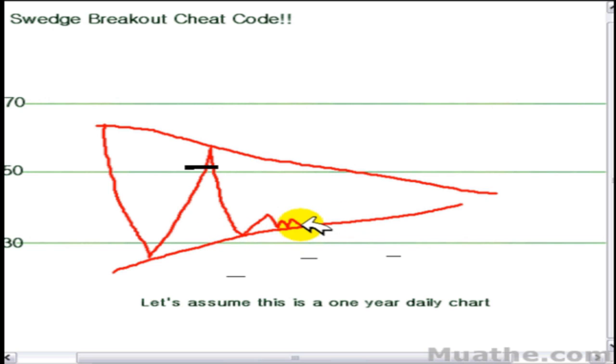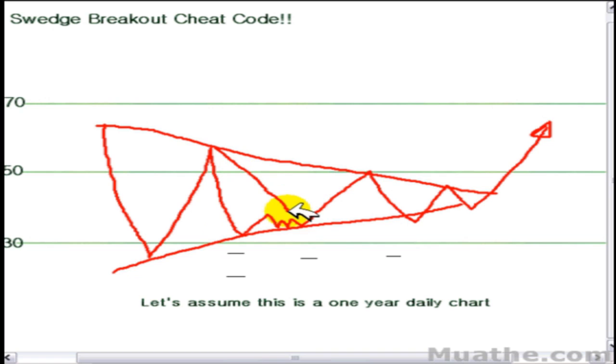So instead of waiting for the stock to break out in the future, weeks in the future, what you do is take these confirmed top lines, and once this is confirmed here, you enter the stock, you draw a line, which means that now that we've tested these lows here, we might be moving out of that. So you cheat and you enter during this swedge breakout, as opposed to a future breakout over here.